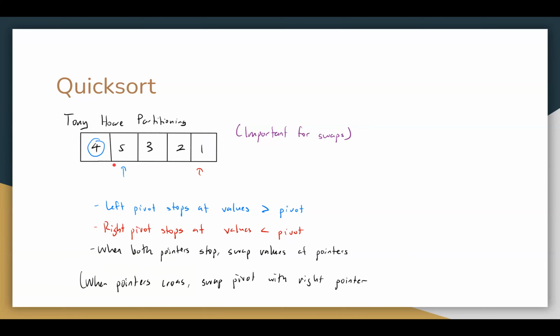When both pointers stop, we swap the values between them. The left pointer starts from the left, the right pointer starts from the right, and when the left pointer crosses the right pointer, that's when we swap the pivot with the right pointer.